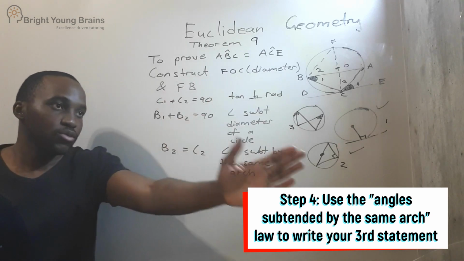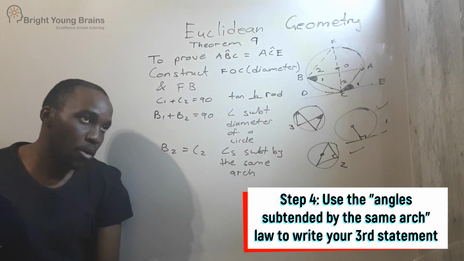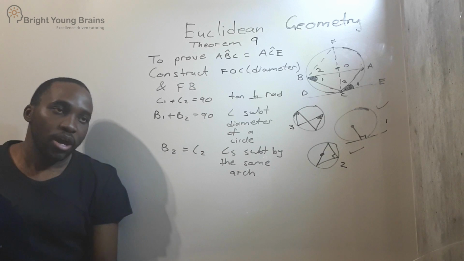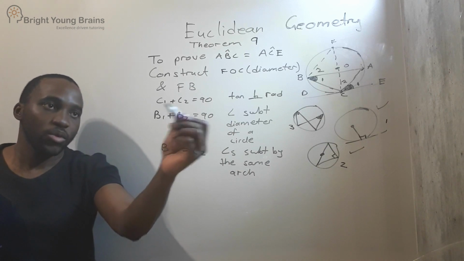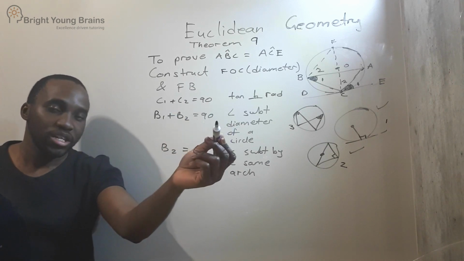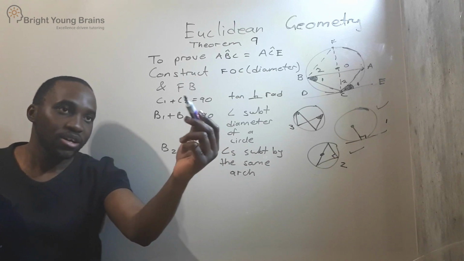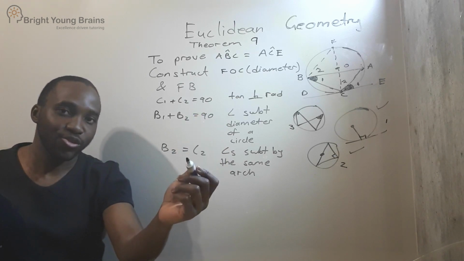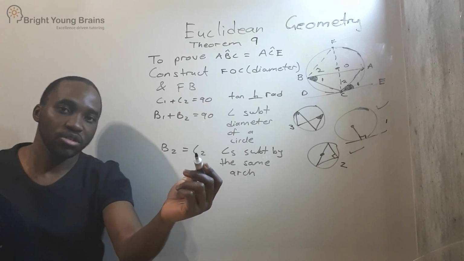Now, having used all our three theorems, things have somewhat fallen into place. Here if you check, we stated this and then we stated this statement as well. And now our last statement, we have shown that B2 is equal to C2.